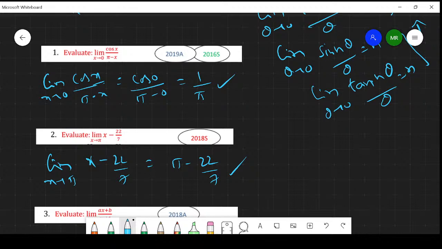So you simply replace x with pi, substitute the limit, and we get the value pi minus 22 by 7. I hope you understood this. That will be your answer.